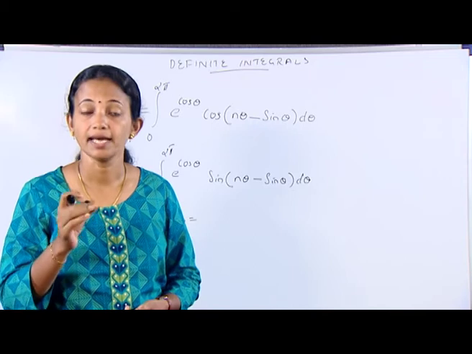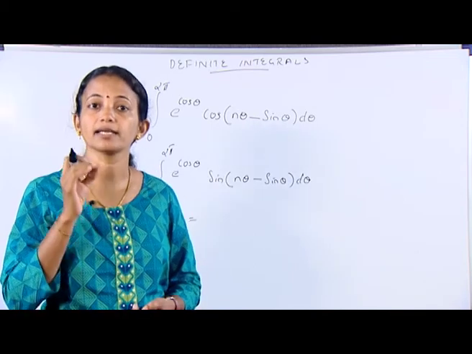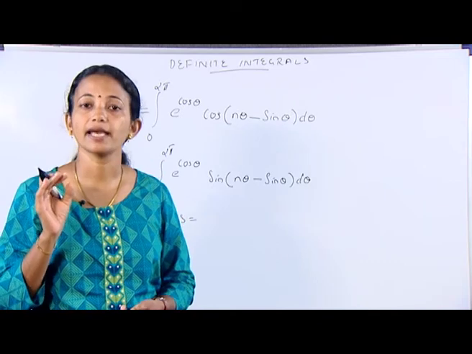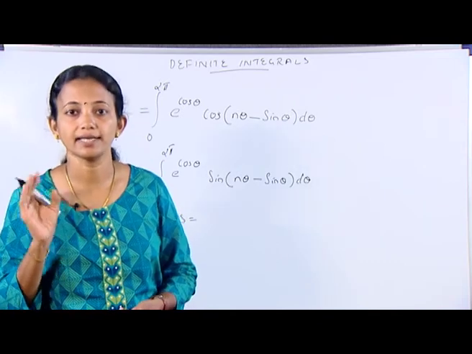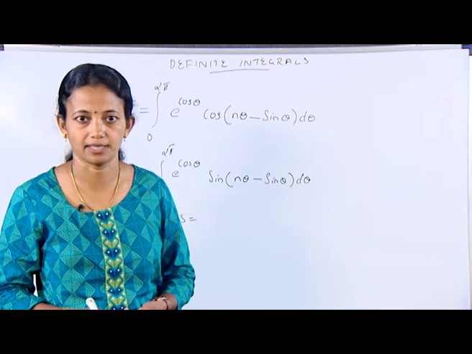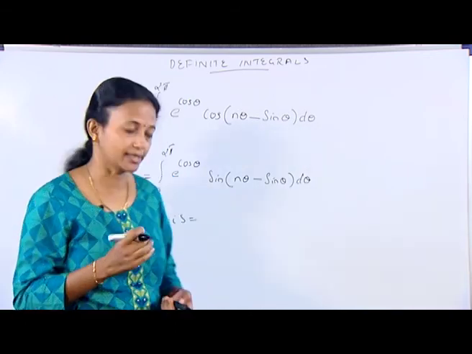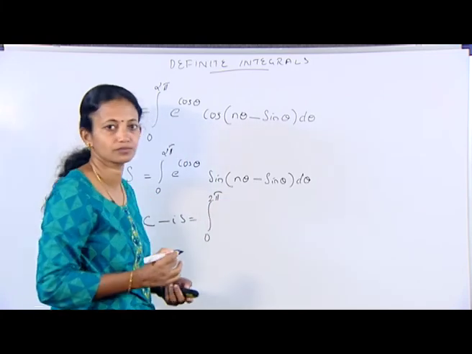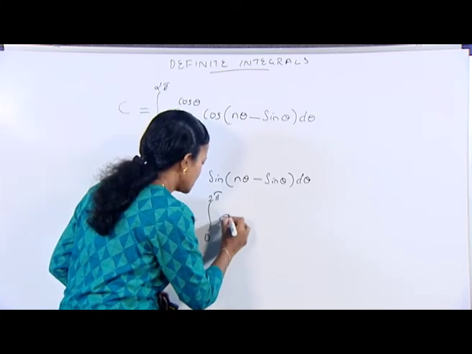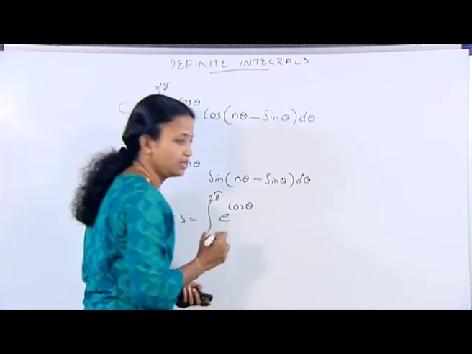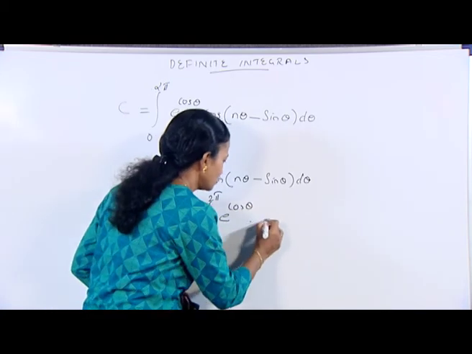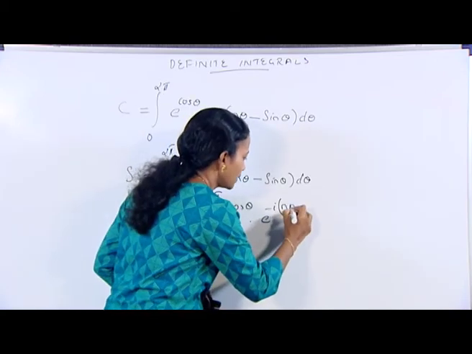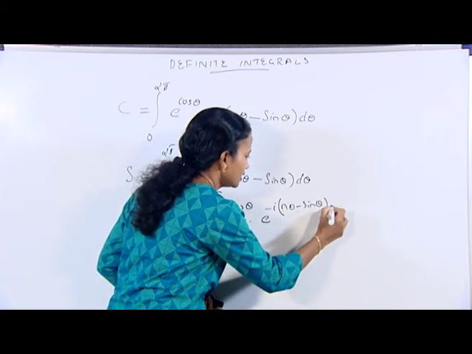This we can write as the integral from 0 to 2π of e^(cos θ) cos(nθ − sin θ) minus i e^(cos θ) sin(nθ − sin θ) dθ, which is equal to the integral from 0 to 2π of e^(cos θ) times e^(−i(nθ − sin θ)) dθ.